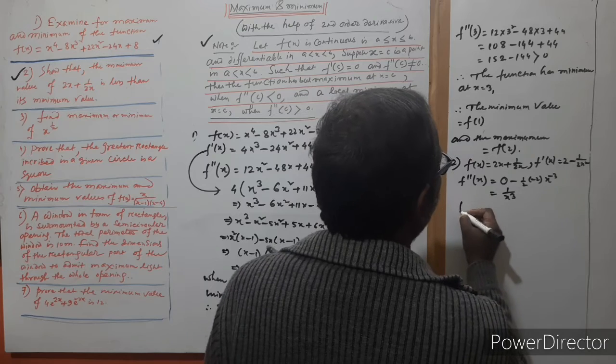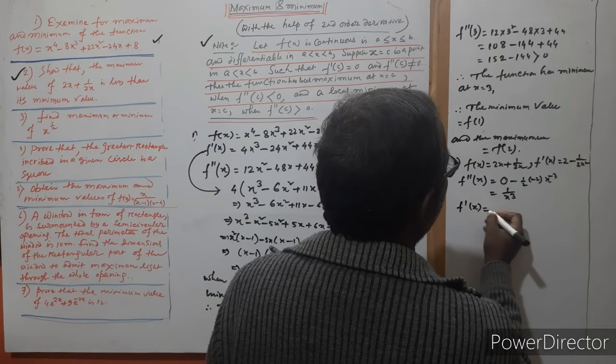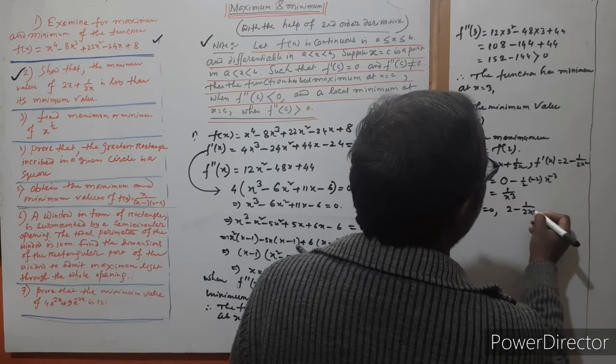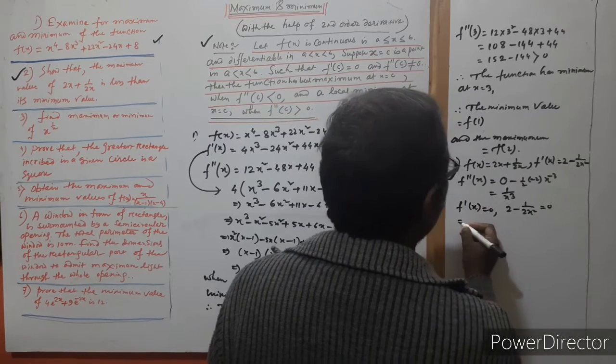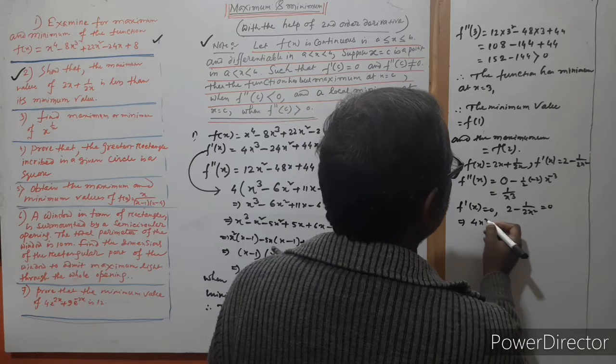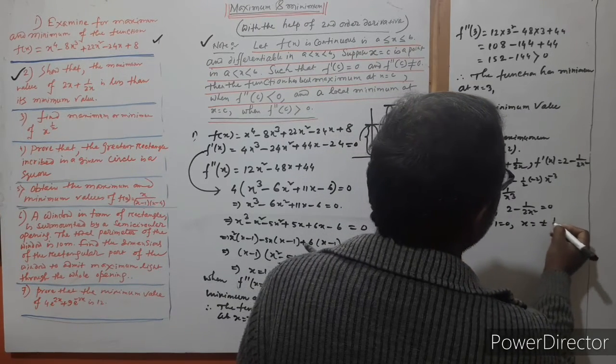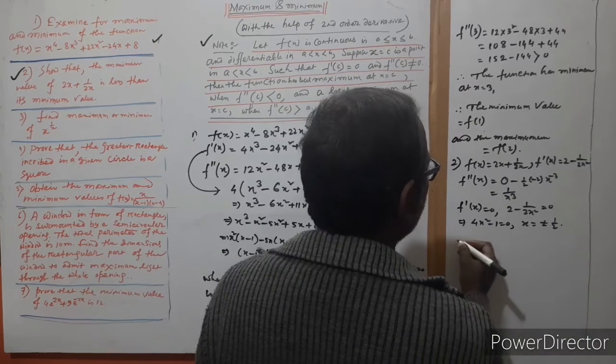And we have to take the point f dash x equal to 0, so we get 2 minus 1 by 2x square equal to 0, so therefore 4x square minus 1 equal to 0, so x is equal to plus minus half.